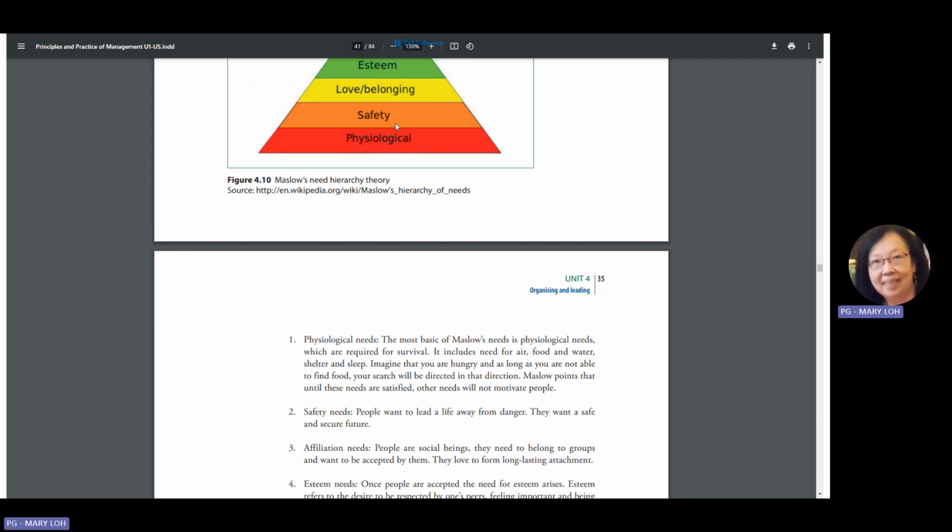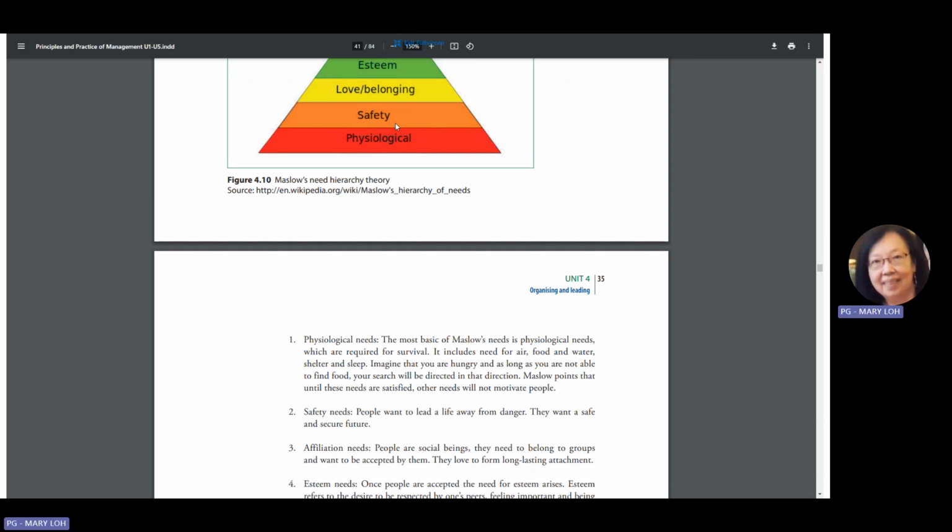If it was a new company you've never heard of before, you might be a bit hesitant to apply for a job there. You are a bit cautious, you see. So people have this need for security. They want to feel safe. They want to ensure that their future with this company is there.